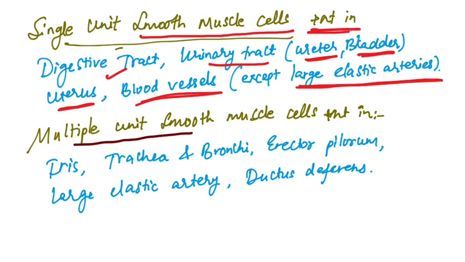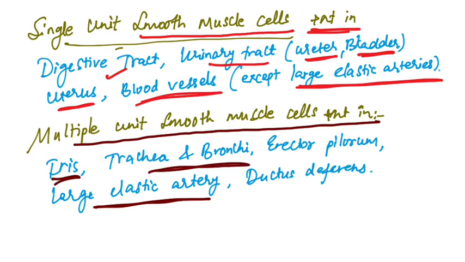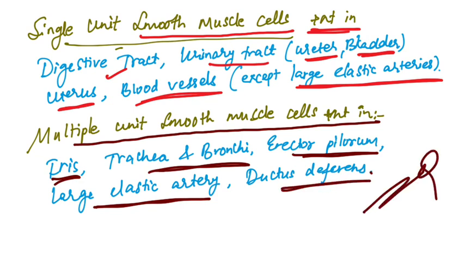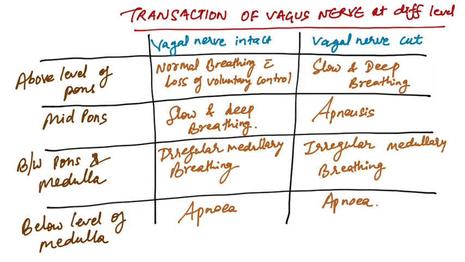Multiple unit smooth muscle cells are present in the large elastic arteries, iris, trachea and bronchi, arrector pili and ductus deferens. This is very important. These are also asked, so remember these. The large elastic arteries have multiple unit smooth muscle cells and not single unit. Other blood vessels have single unit smooth muscle cells.